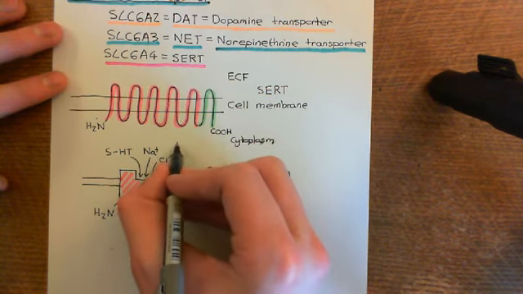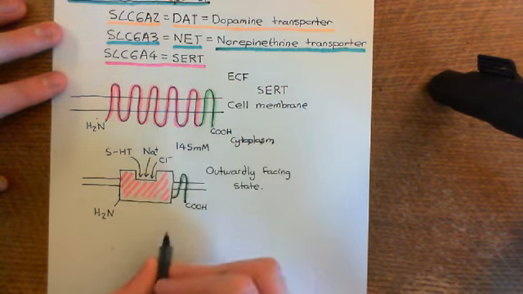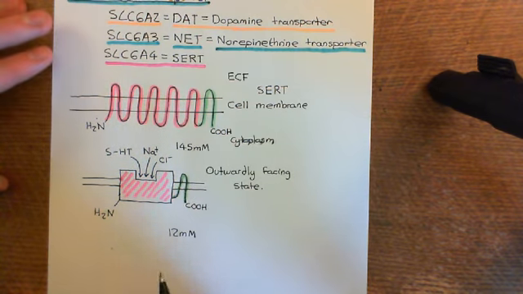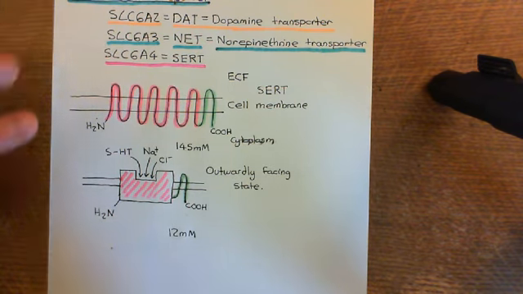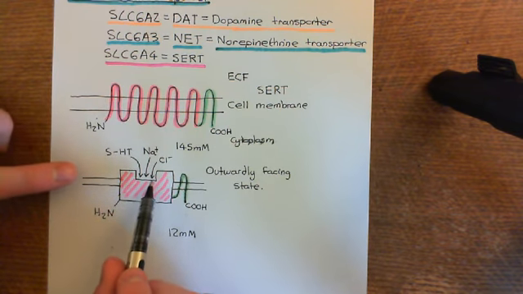Okay, the concentration of sodium extracellularly is around 145 millimolar, whereas it's 12 millimolar intracellularly. Okay, so there's a fantastic gradient driving the movement of sodium into the cell. Okay, so sodium will bind here, and a chloride anion will also bind here.